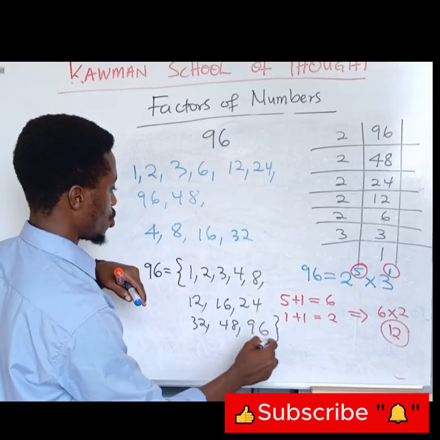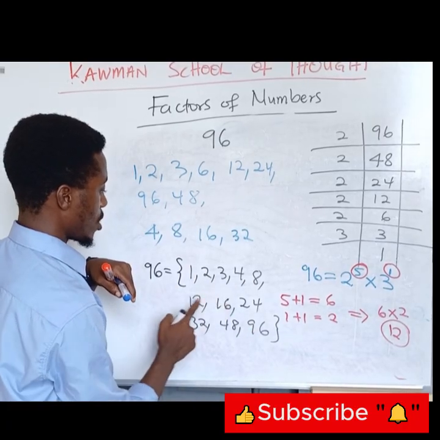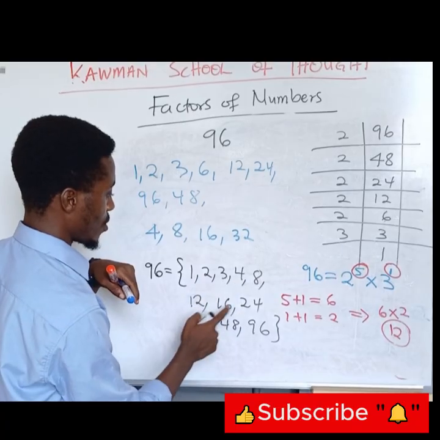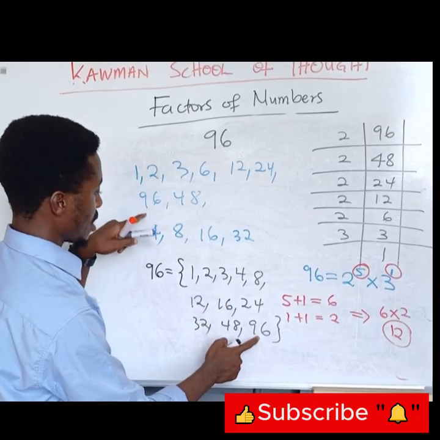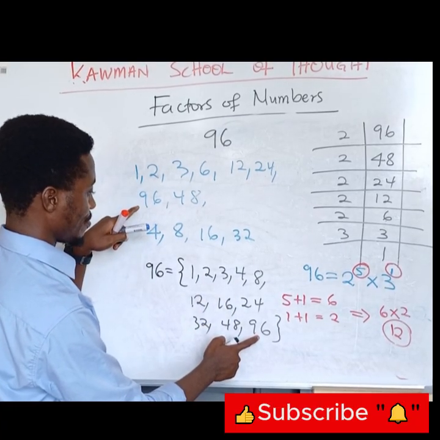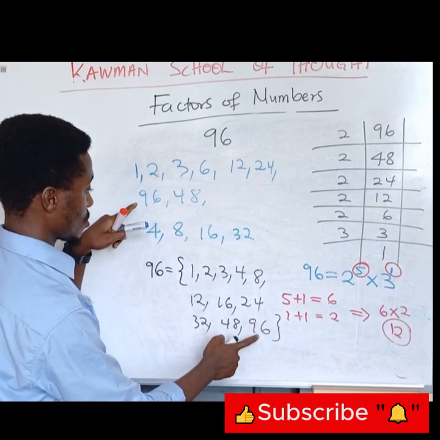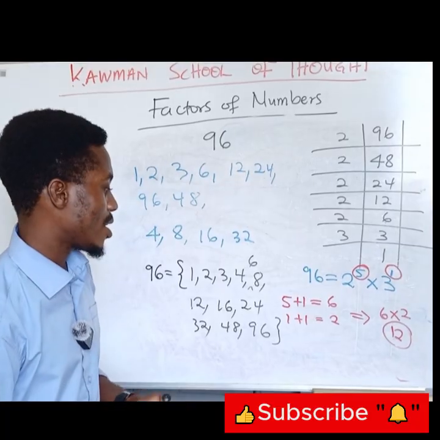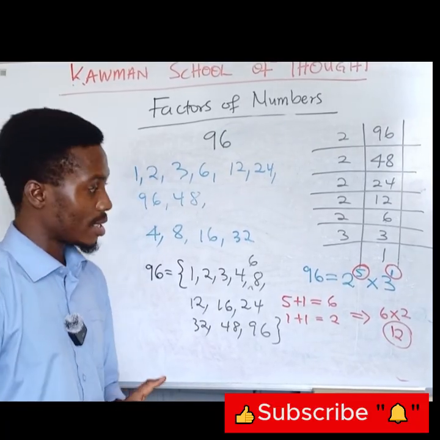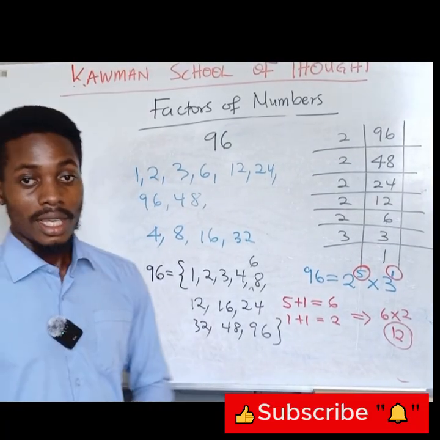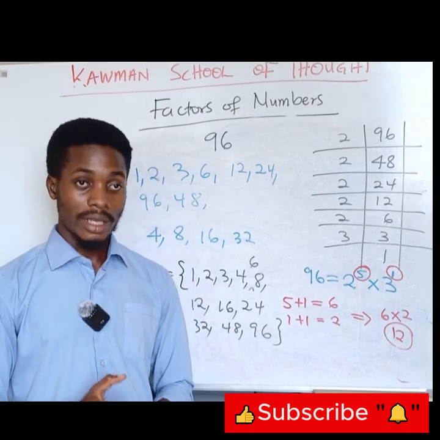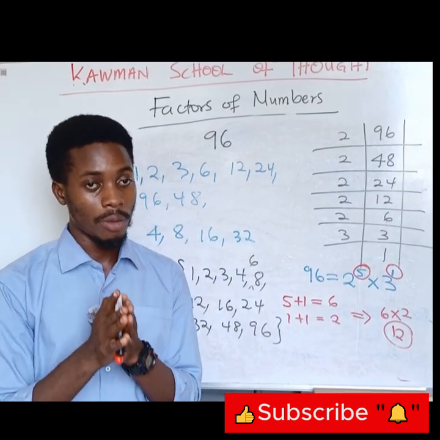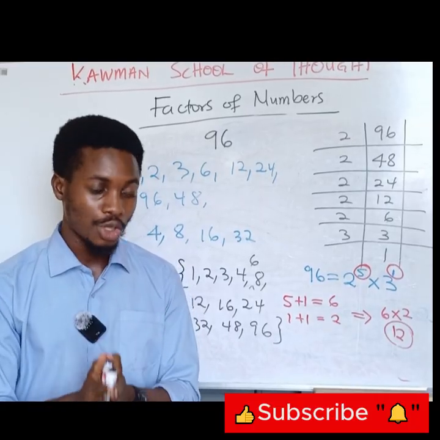Let me see if they are up to 12. 1, 2, 3, 4, 5, 6, 7, 8, 9, 10, 11, 12. So this is interesting, and this will make your work very fast, and you will not get confused, because you know when you are wrong when your factors are not up to the expected number.